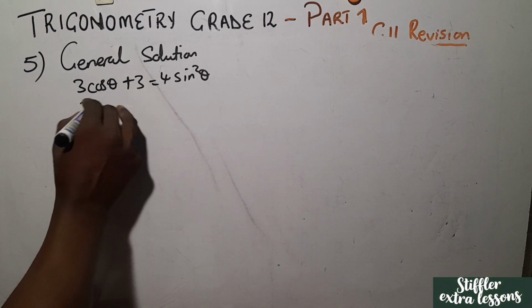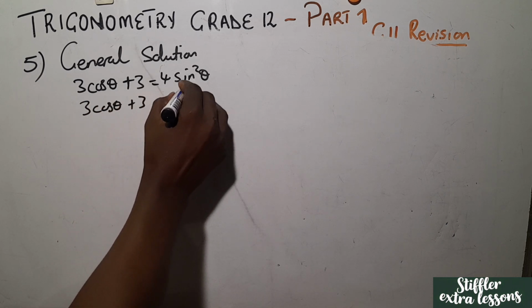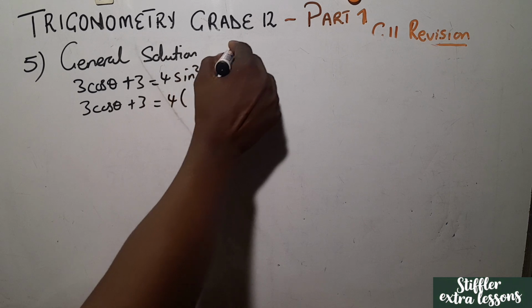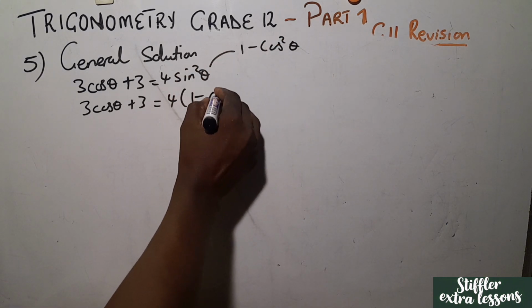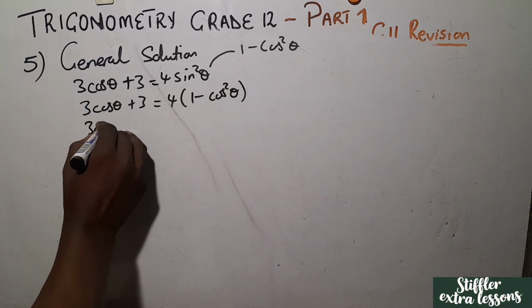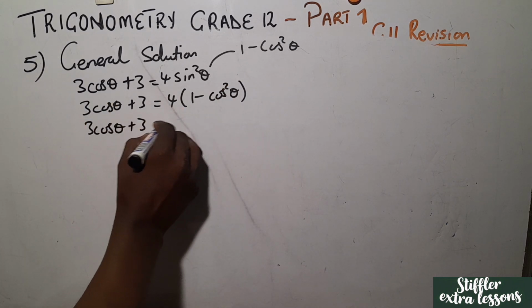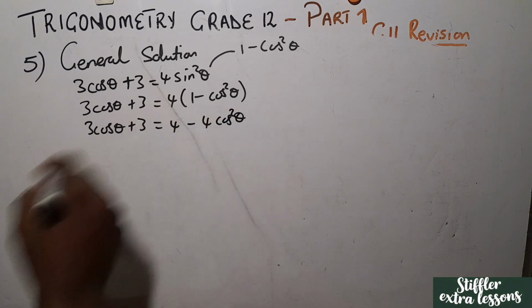So this becomes 3 cos theta plus 3 being equals to 4 sin squared theta. We said sin squared theta is equals to 1 minus cos squared theta, right? So this 3 cos theta plus 3 becomes 4 minus 4 cos squared theta.